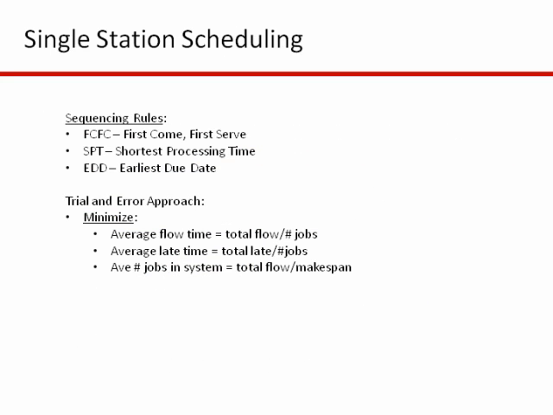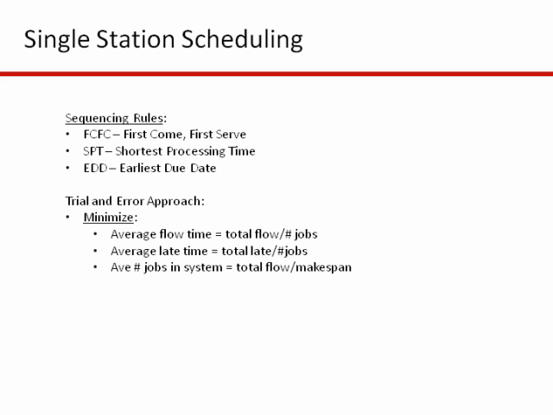Okay. All right, the second of the 4 topics in Chapter 15 is sequencing various jobs through one station. It's called single station scheduling. All right, so I want you to focus on only 3 rules.